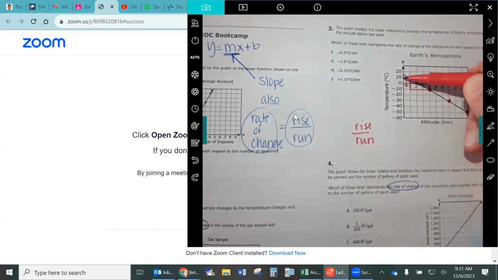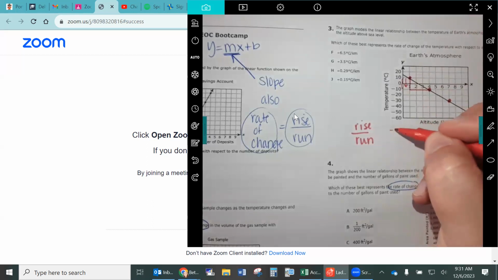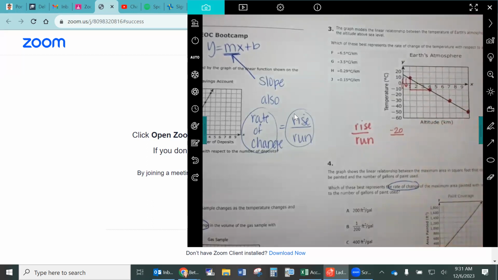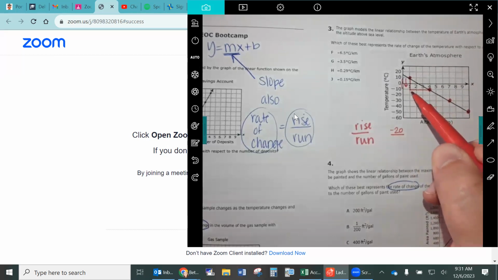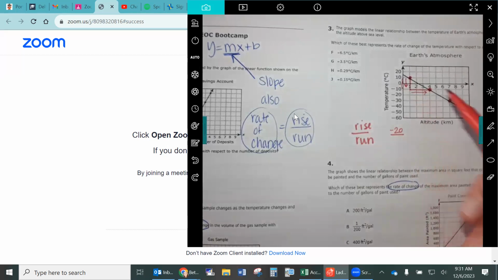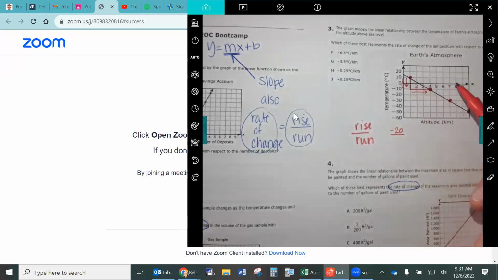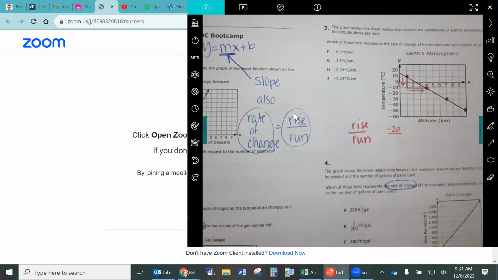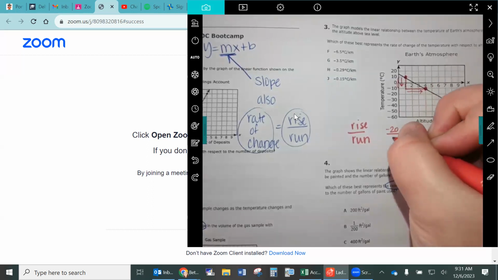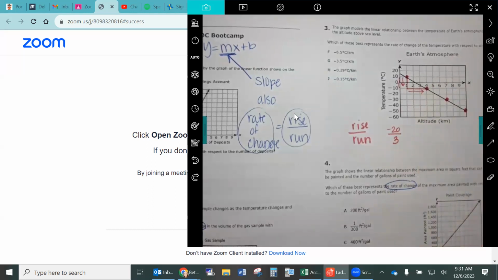I'm going down 10 and then 10 again, so that's actually down 20. Then I count over, 1, 2, 3 boxes. On the x-axis, it's 1, 2, 3, 4, 5, 6, 7, so I'm not counting by a larger number. That means over 3 really is over 3.